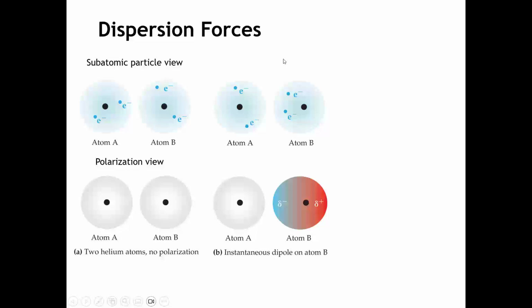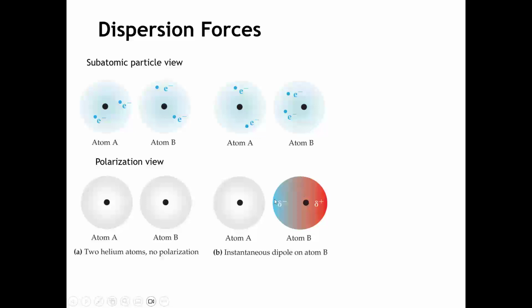So let's say at one given instant in atom B, the electrons both happen to end up on one side of the atom, on the left-hand side of the atom. Or we could think about them as waves, and we could say that the electron density at that given moment in time is higher on the left-hand side of the atom than the right-hand side of the atom.